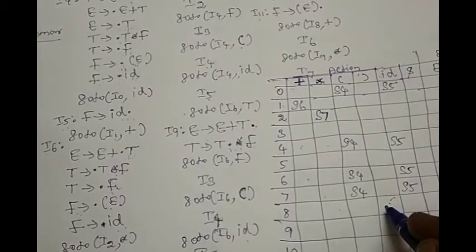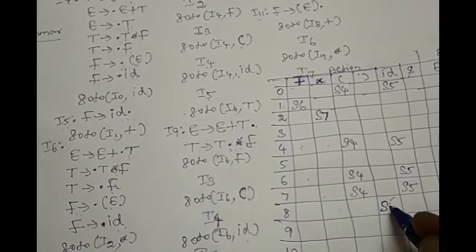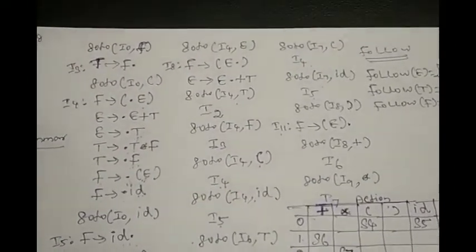So I8 comma close brackets I write as S11, because I am getting I11. That's it. I8 has been completely processed.